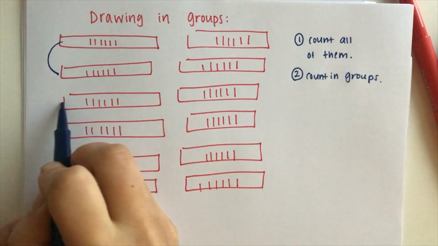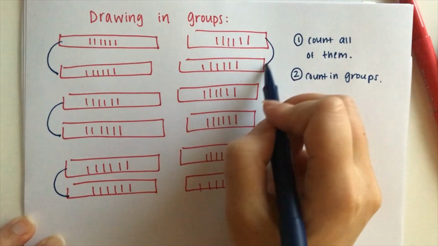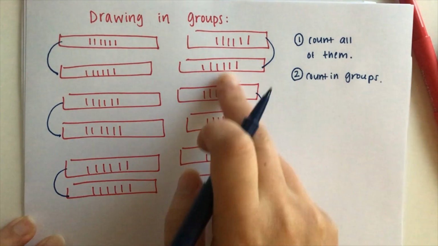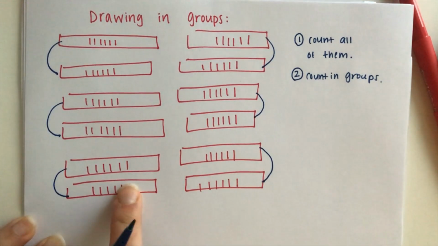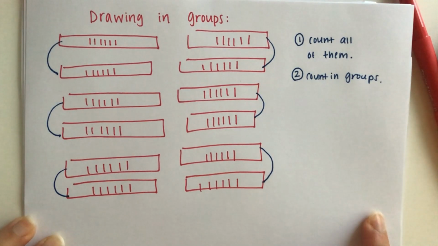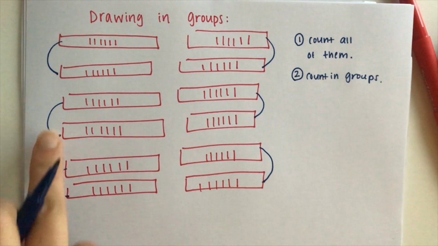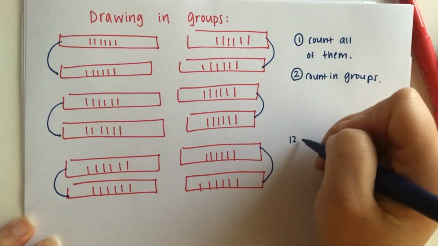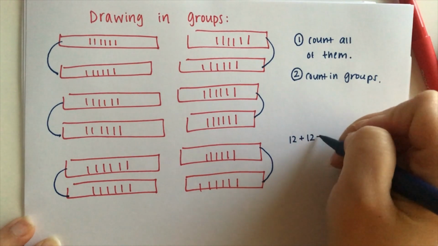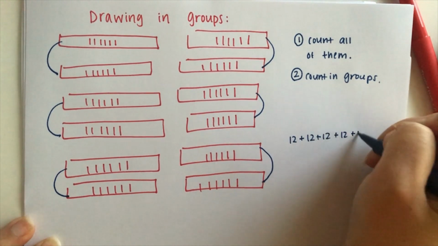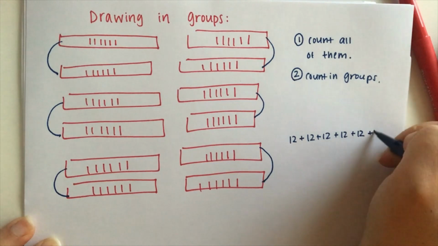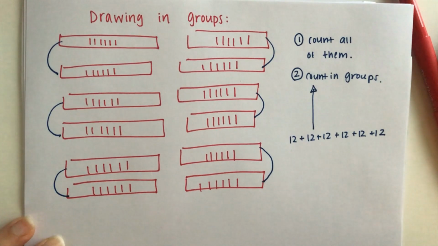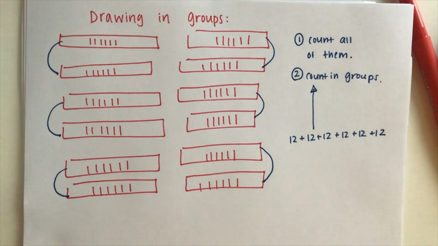So that's 12, that's 12, that's 12, that's 12, that's 12, and that's 12. So now instead of counting one by one, you can do 12 6 times. So that's number 2.